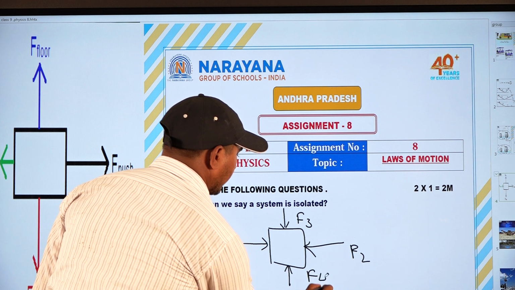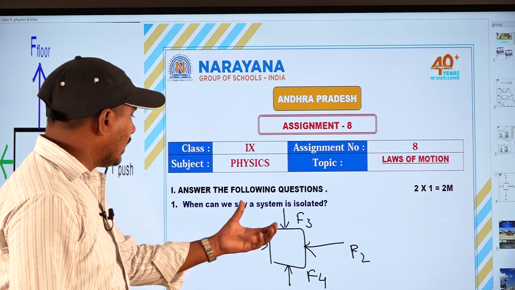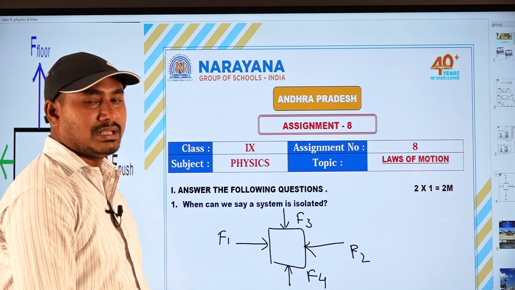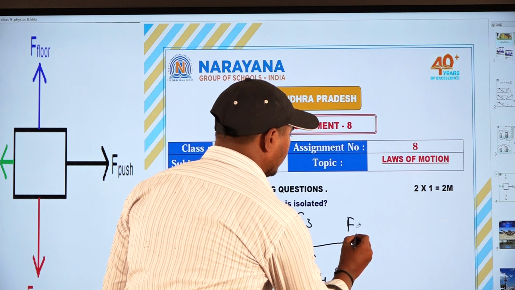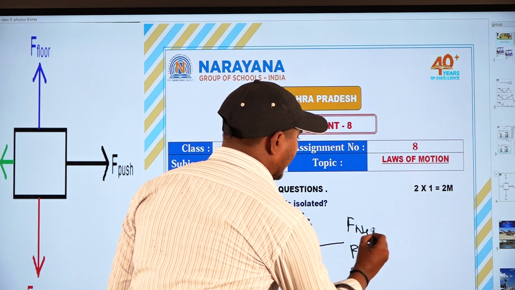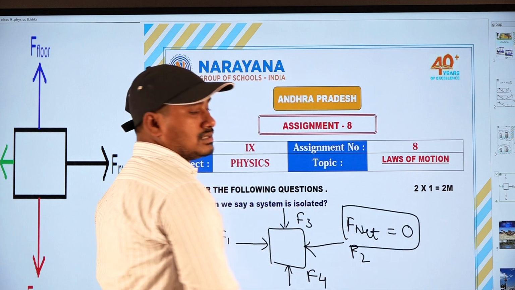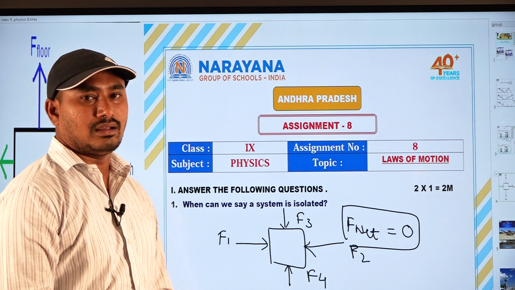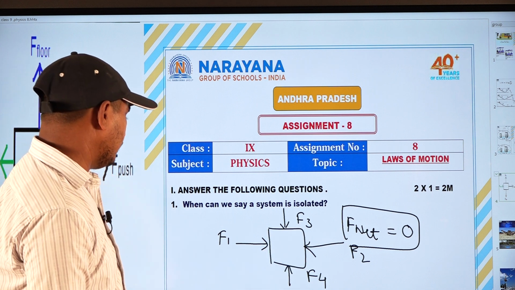What is meant by an isolated body? When the total net force acting on a body is 0, that body is known as an isolated body or isolated system. So, this is the answer for question number 1.